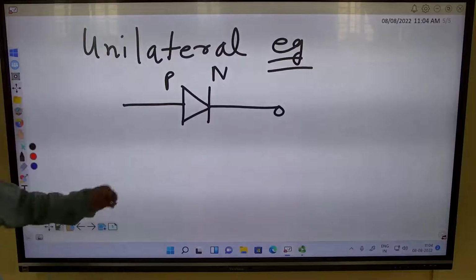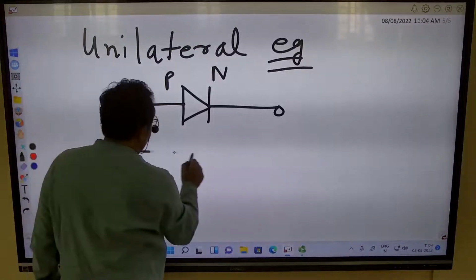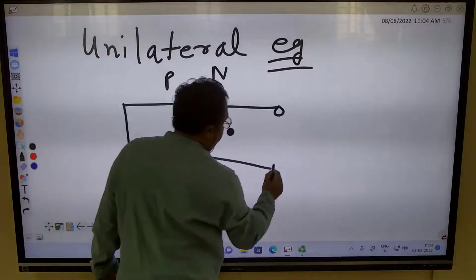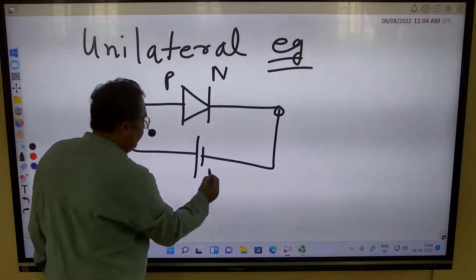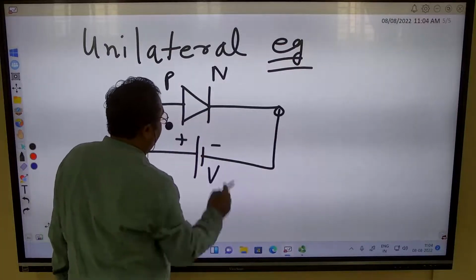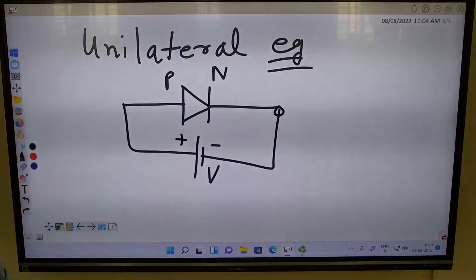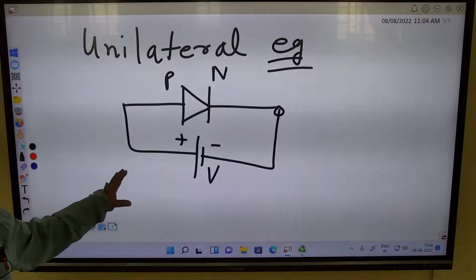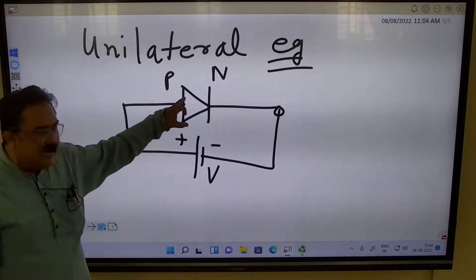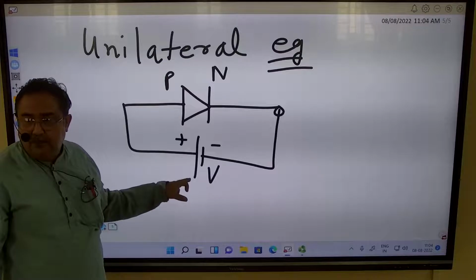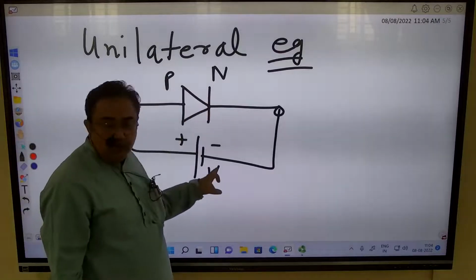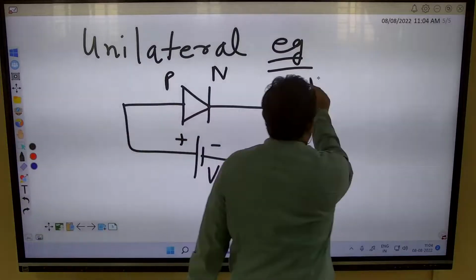Now I make a circuit like this. I apply a battery of any volt, suppose V volt, this is plus sign, this is minus sign. In this condition, which type of biasing is this called? This is termed as forward biasing, where the P is connected to the positive terminal and the N is connected to the negative terminal. So this is called forward biasing.